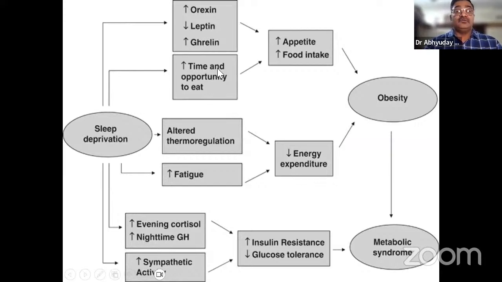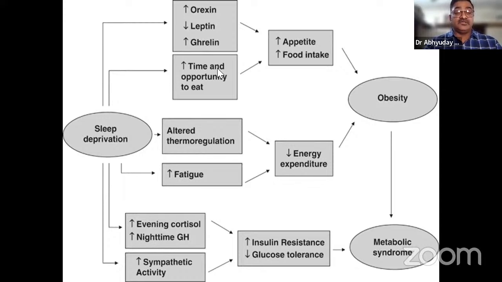And here we'll see a little bit about obesity and metabolic syndrome, and sleep deprivation. Sleep is also very important to reduce weight. If there is sleep deprivation, it may lead to metabolic syndrome and obesity. How?